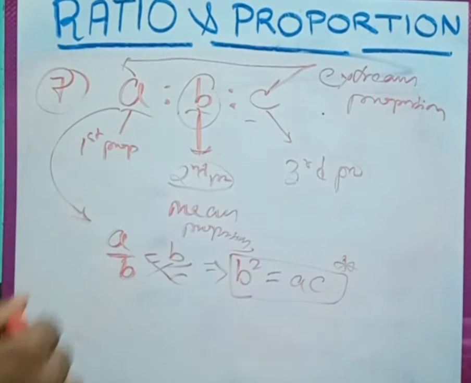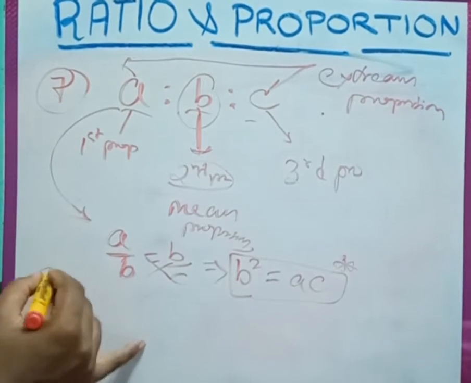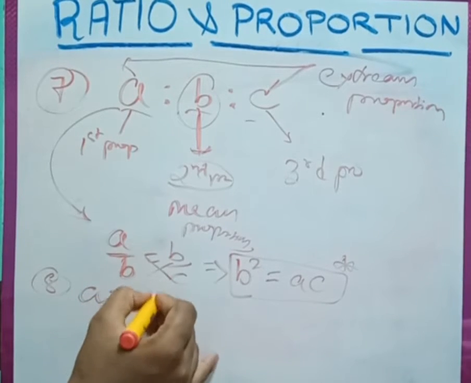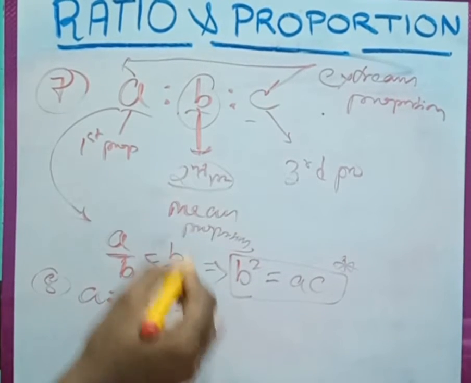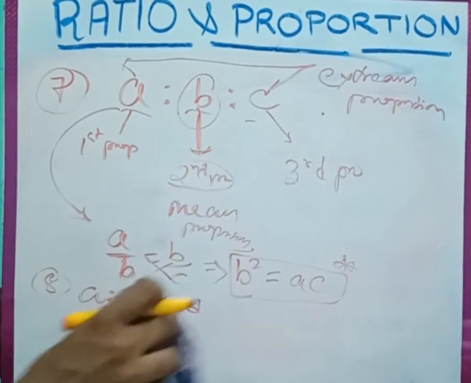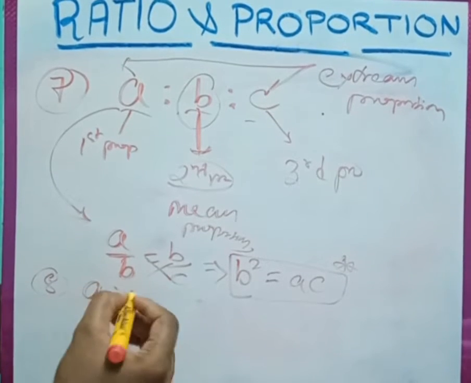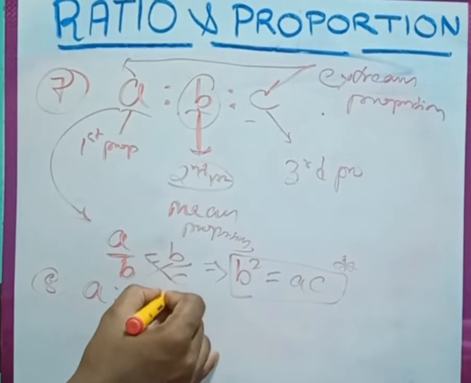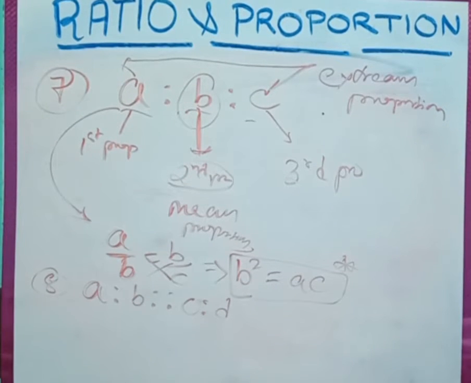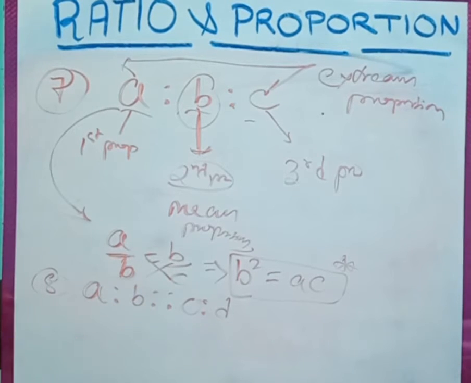This is extreme proportion. And one more thing, guys, if we have 4 elements, for example A is to B is to C is to D, or when we say 2 ratios, sorry guys, I think we have to write it like A is to B is proportional to C is to D, right? When we have it like this, before I write it, let me tell you something.